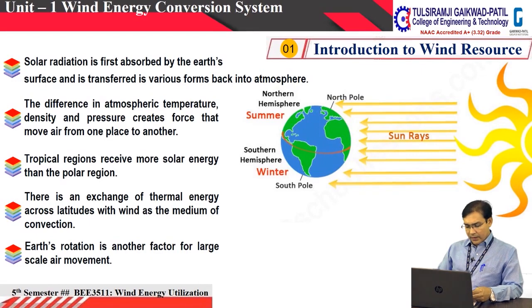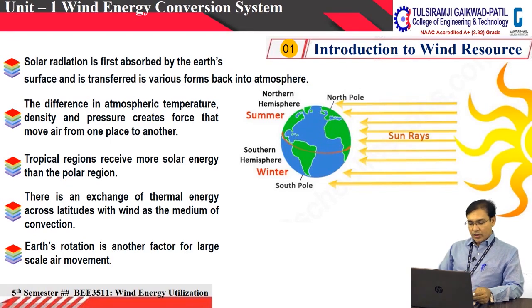This results in the creation of differences in atmospheric temperature, density and pressure, which in turn create forces that move air from one place to another. During a year, tropical regions receive more solar energy as compared to the polar regions.